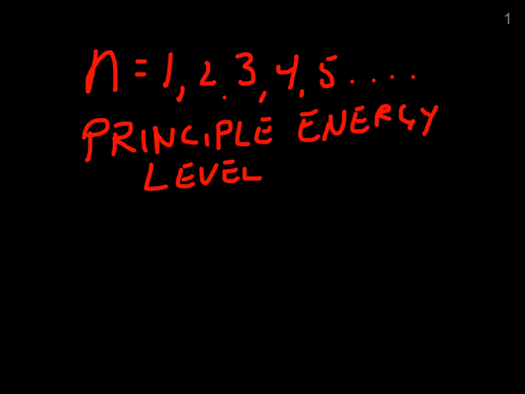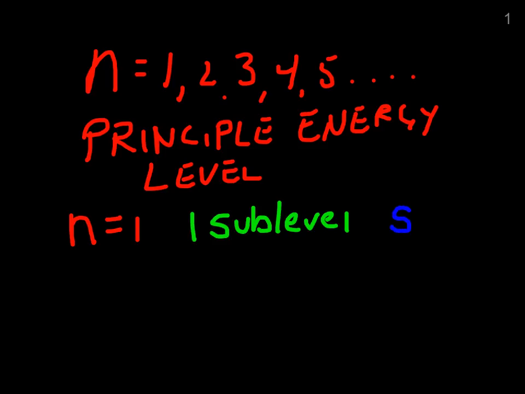So after you've defined what n is, the principal energy levels can be broken up into sublevels. When n is equal to 1, there's going to be one sublevel, designated by a small s.